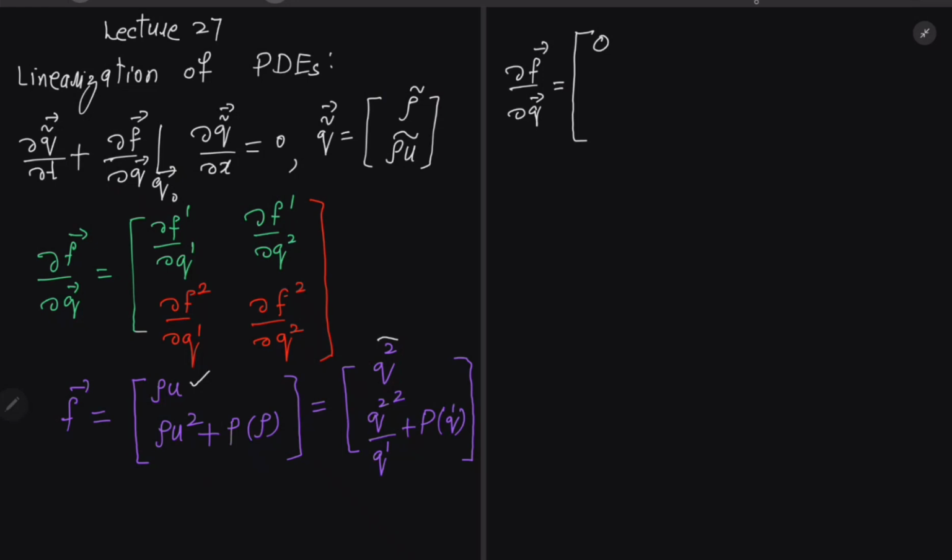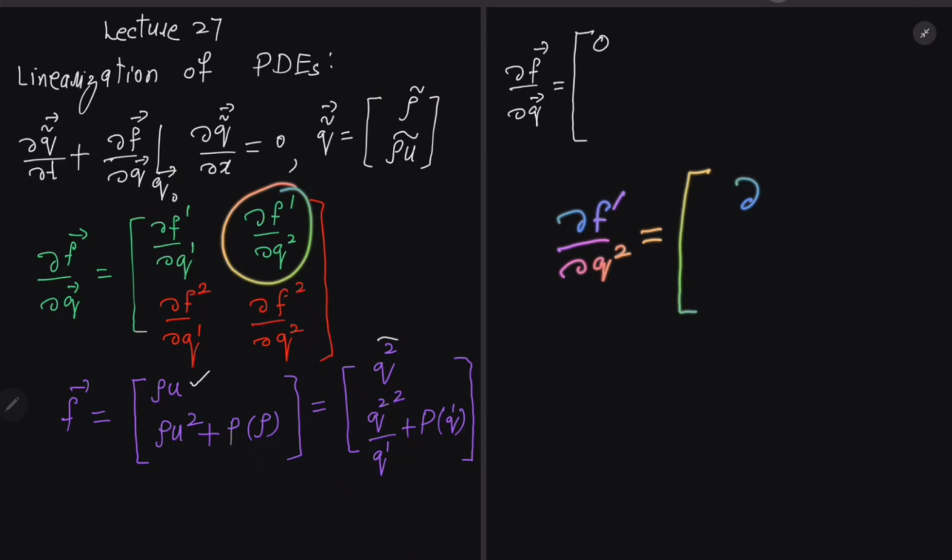And when we have partial f1 by partial q2, what is f1? It is the derivative of the first quantity with respect to q2.